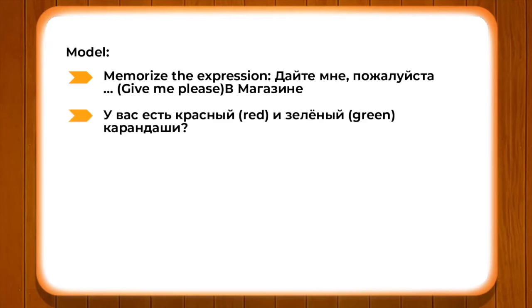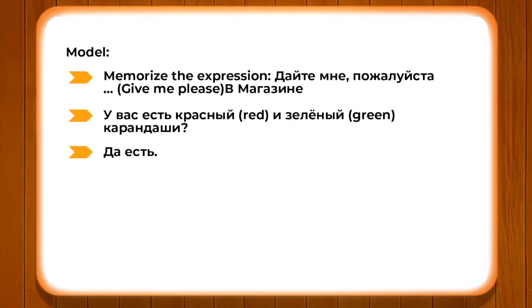У вас есть красный и зеленый карандаш? The person is asking: У вас есть, do you have, красный, which means red, and зеленый. Зеленый means green. Карандаш we already know means pencil, but when combined together it will be plural. У вас есть красный и зеленый карандаши? Then the next person answers, да есть.